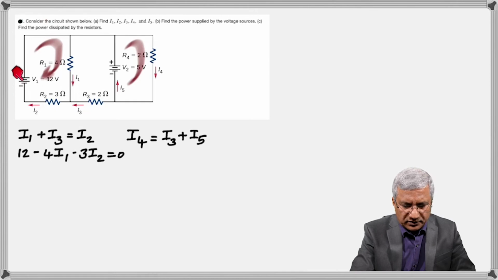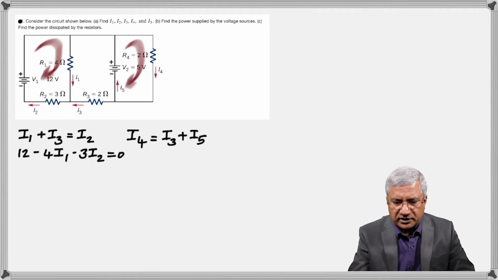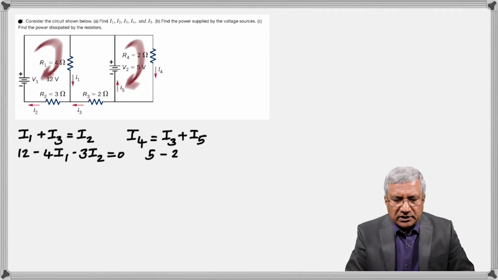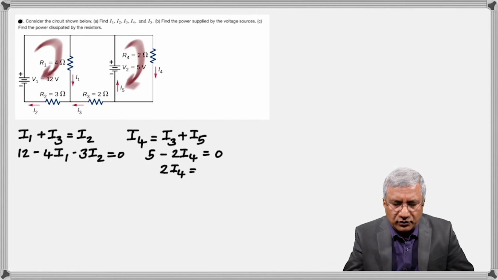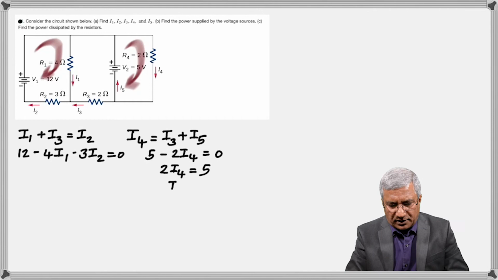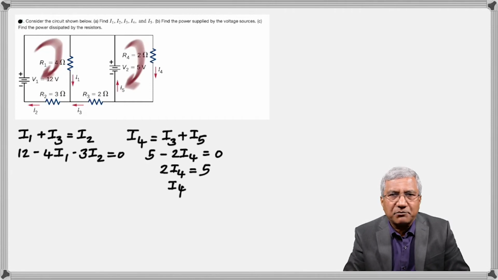It's 12 minus 4 I1 minus 3 I2 is equal to 0. And then in this loop, that will be 5 minus 2I4 is 0. So from there you get I4, and I4 is 2.5 ampere.